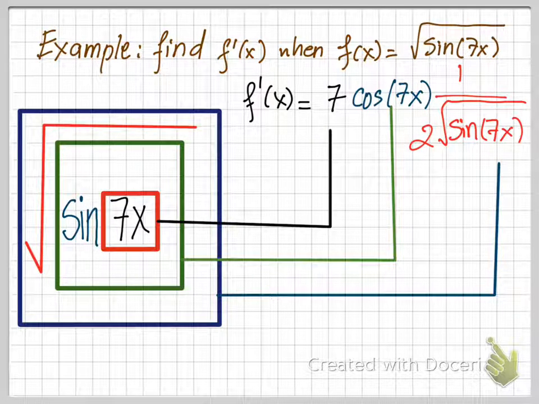The derivative of the square root function is 1 over 2 times square root of whatever is inside this green box, which is sine of 7x. Once you find the derivatives of these three boxes, you just multiply them together to get the final answer for the derivative of the square root of sine of 7x.